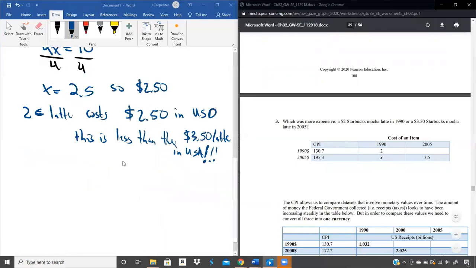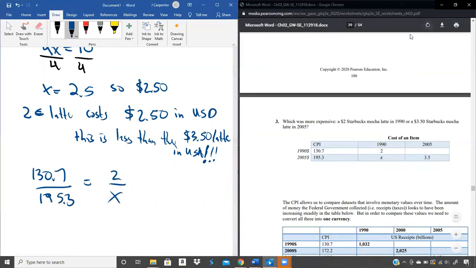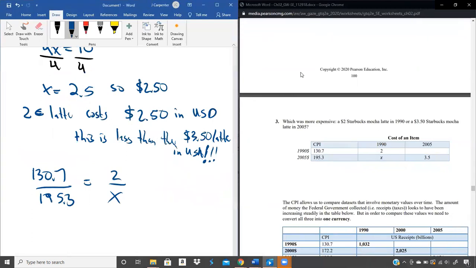So we're taking the 130.7 over the 195.3 equals 2 over x. Now, remember, the proportion that I set up, I don't have to set it up this way.